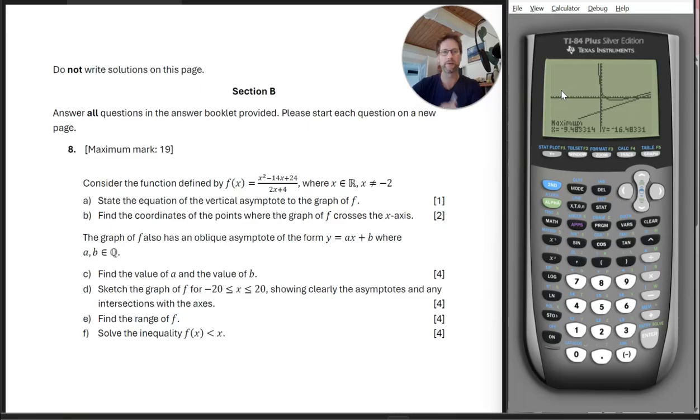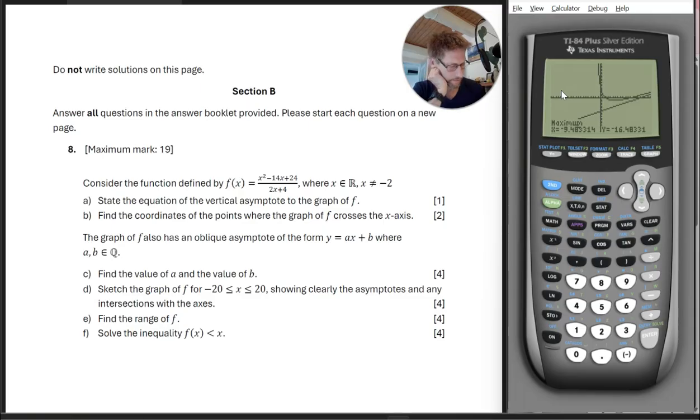Then the local maximum, that is when x is minus 9.48, that's completely irrelevant. What's important is that the y coordinate is equal to minus 16.483. I take plenty of decimals on this, and so on.